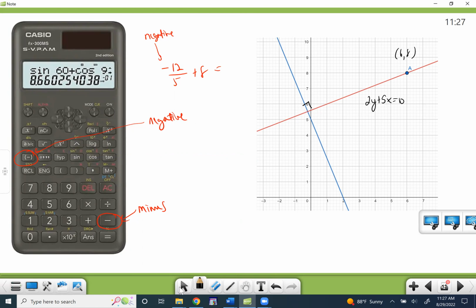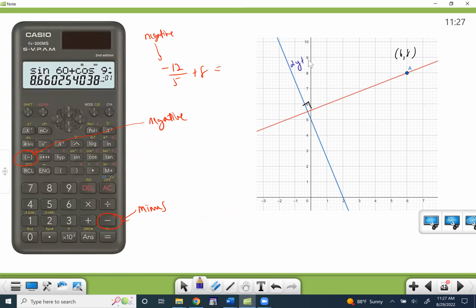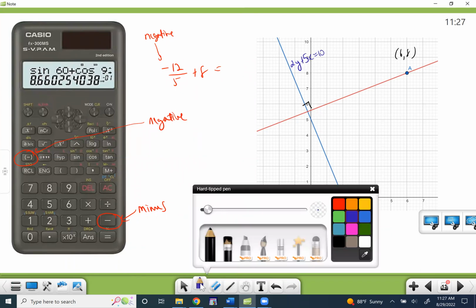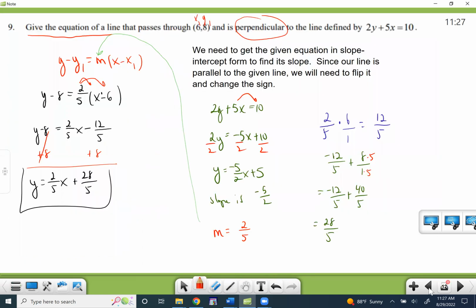Oh, I'm sorry, that's not the given line. Given line. What's this one in blue, right? This is the one that we got. Perfect, you guys. That was spectacular.